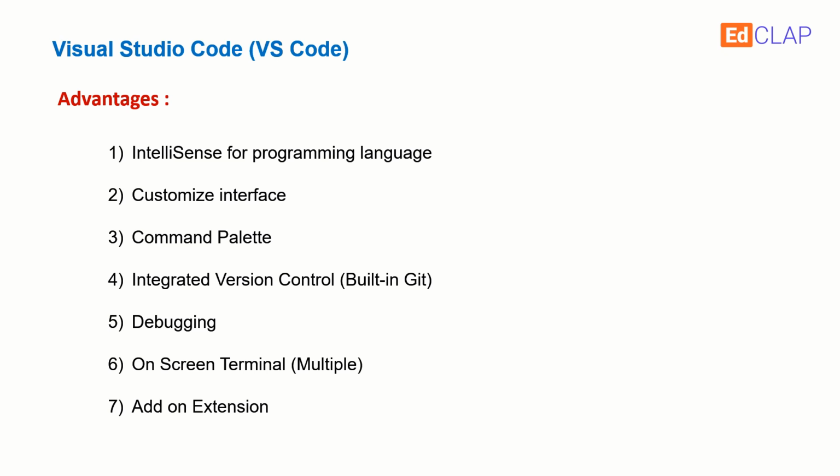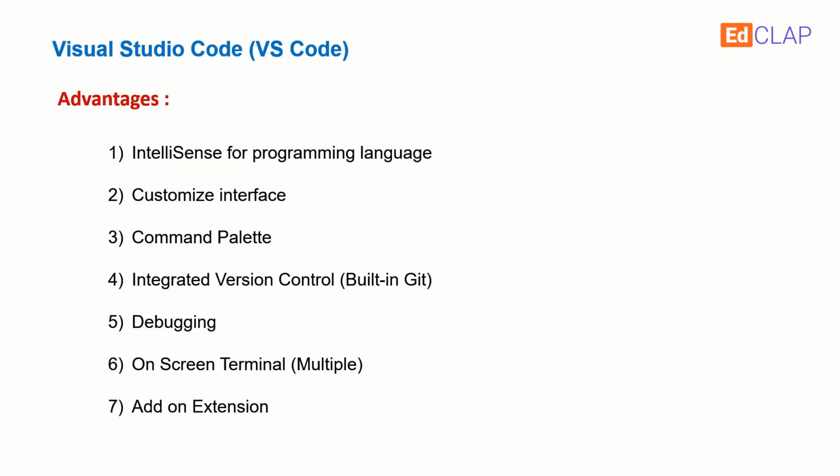Next one is integrated version control. So what is integrated version control? When programmers develop code, a number of programmers are working on one project. People are creating or updating the code, and it is all being merged into one place.